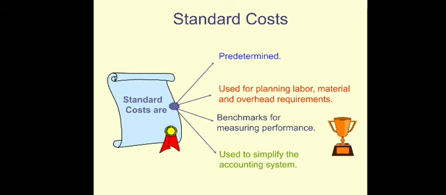One cupcake is $1 labor standard cost. If you want to produce 5,000 cupcakes, then you have to plan for $5,000 cost of labor, and then you can plan how many laborers you want to have. And also you can plan for the material, and also for the overhead.